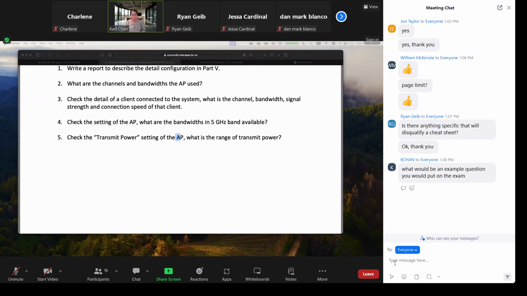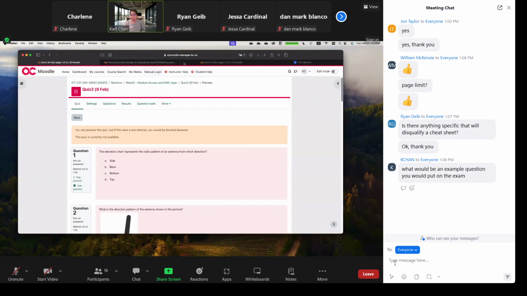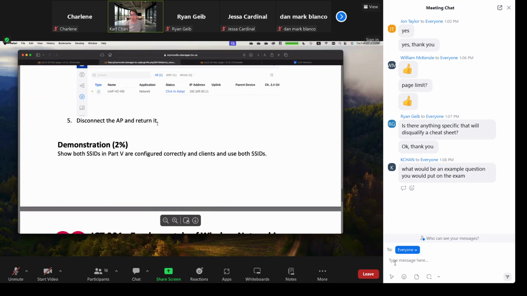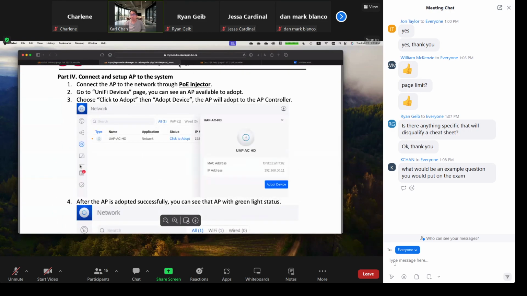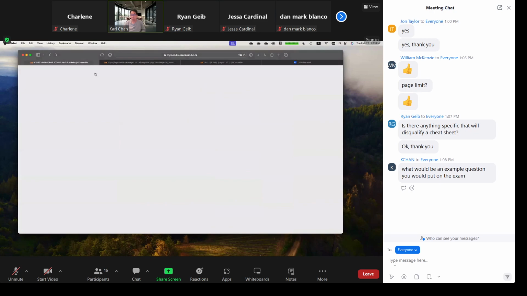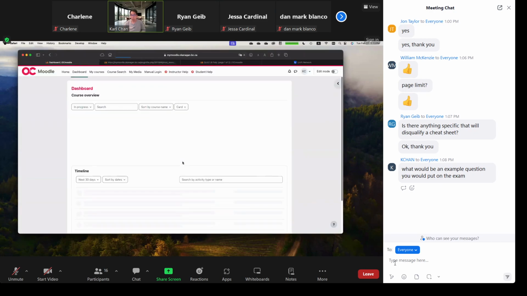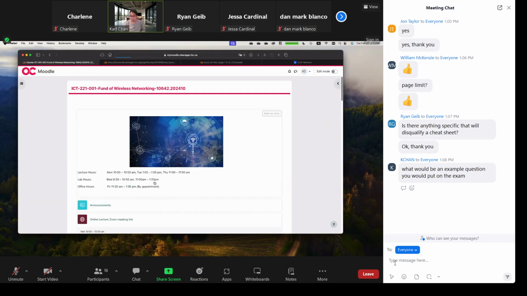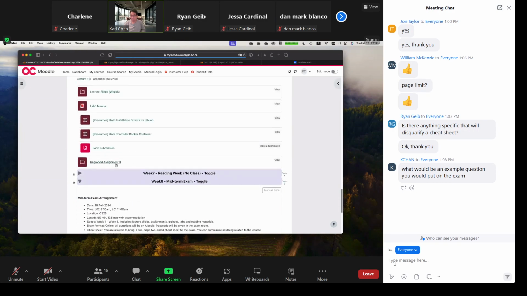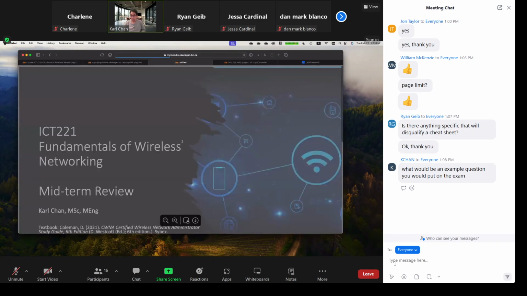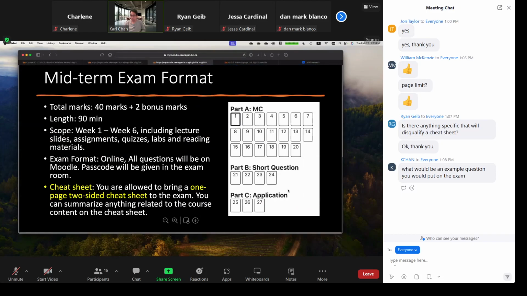Also, yesterday when we did the review, I posted this question structure for you. If you were not here yesterday, please take a look at these slides.